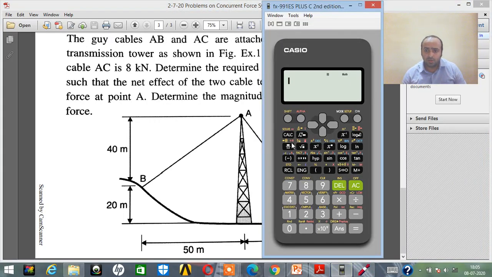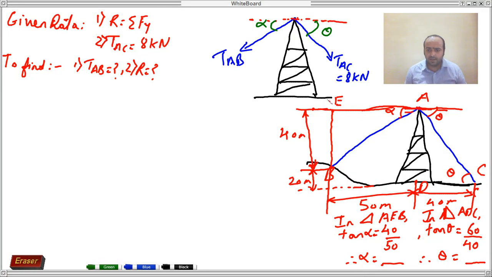Tan inverse of 40 divided by 50 is equal to 38.659. So here it is, the first value, 38.659 degrees.